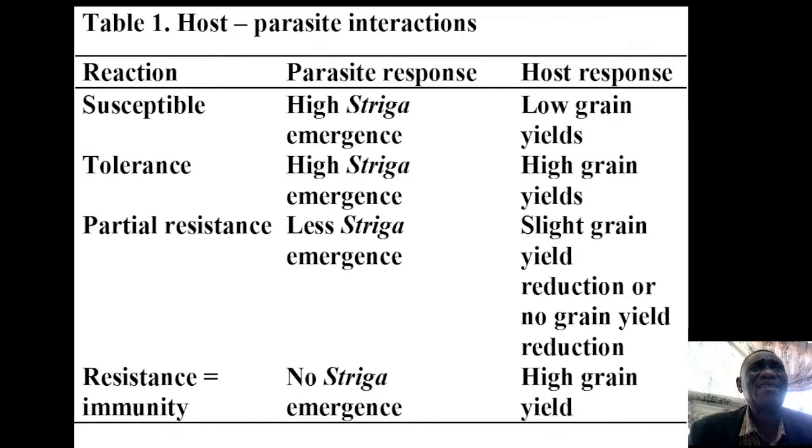Partial resistance, you have got less Striga emergence and slight grain yield reduction or no grain yield reduction. Resistance, which is equal to immunity, here we've got no Striga emergence, you've got high grain yield. We are yet to reach resistance which is equal to immunity.